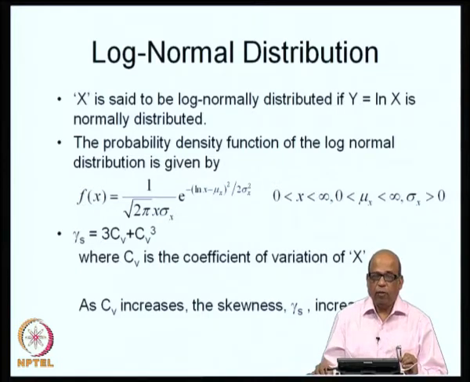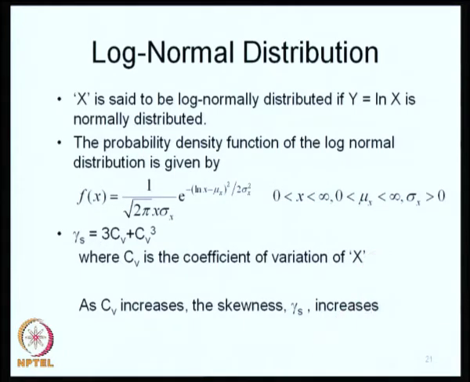So, irrespective of how high your mean is, how much to the right of 0 your mean is, there is always a finite probability associated with negative values. Even if you have the mean at an extremely high value, there is always a probability associated with a negative value of the particular random variable.